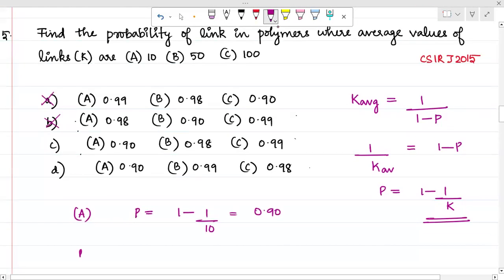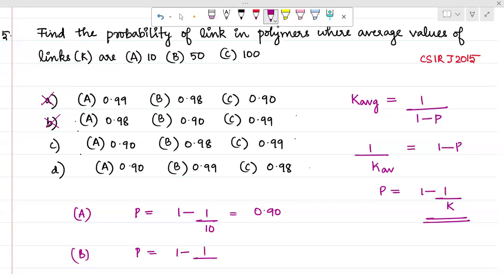Next is 50. So P is equal to 1 minus 1 by 50. Correct? What is 1 by 50? It is 0.02. 1 minus 0.02 is going to give you 0.98. So the correct option is option C, of course.